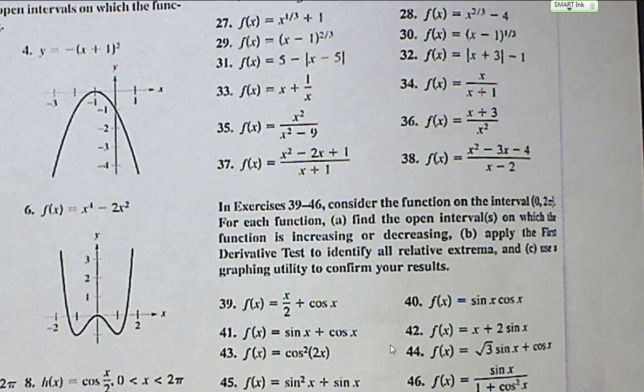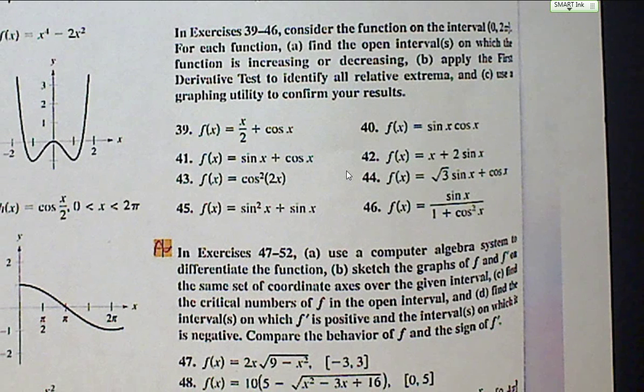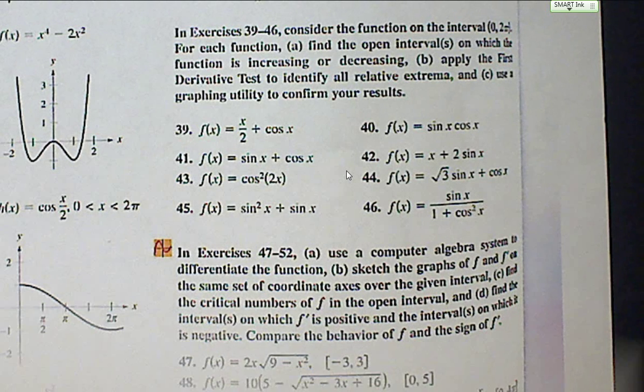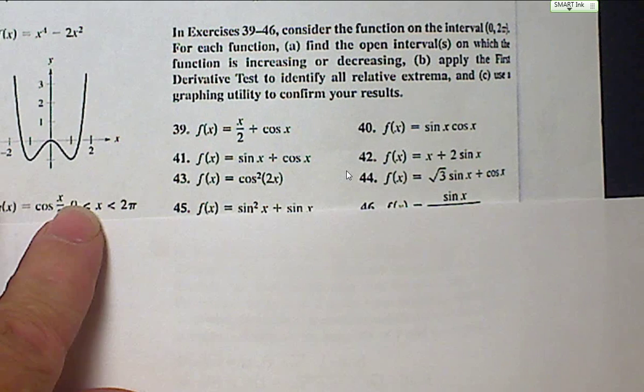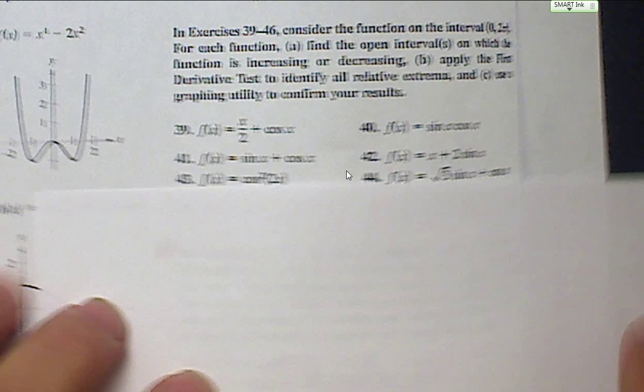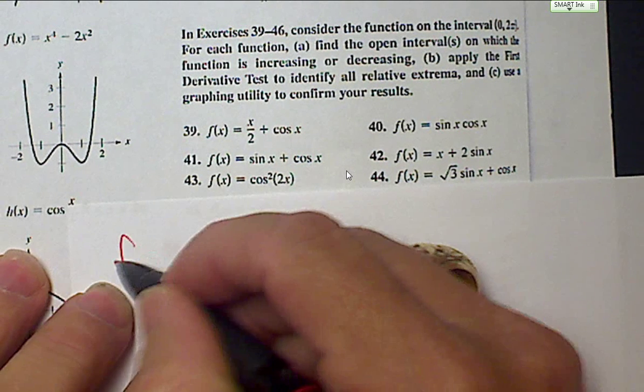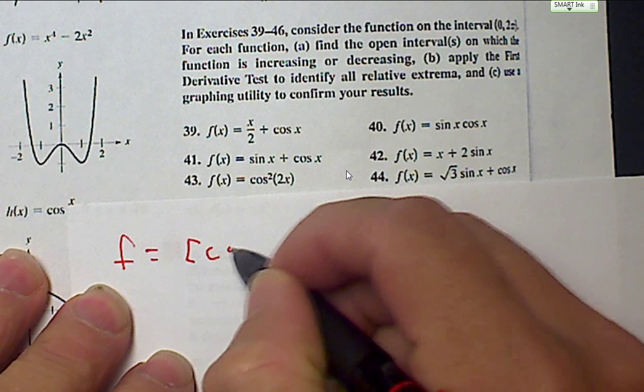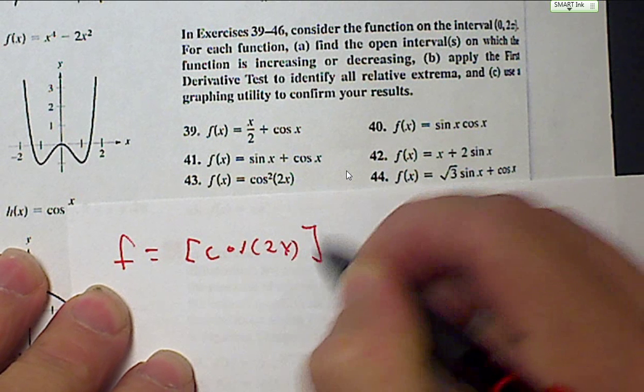All right, 43. So 43 is really cosine of 2x squared.